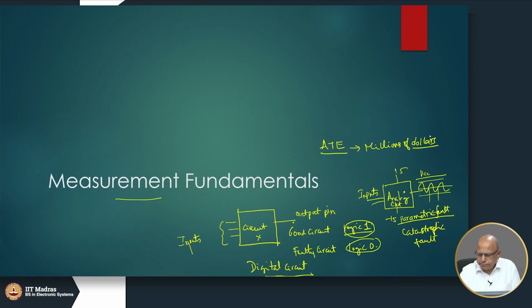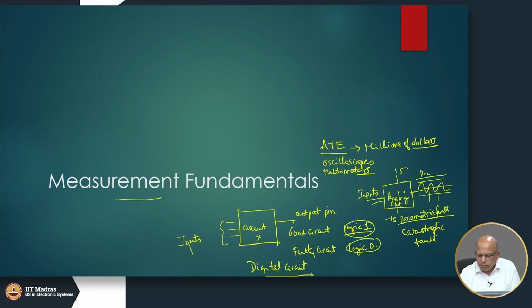But in the college labs, you may find simpler measurement equipment. For example, you may find things like oscilloscopes, right. You may find things like multimeters. Okay. A more well equipped lab may also have things like spectrum analyzers, logic analyzers, and so on, right.